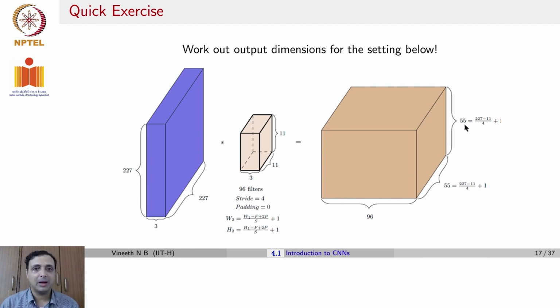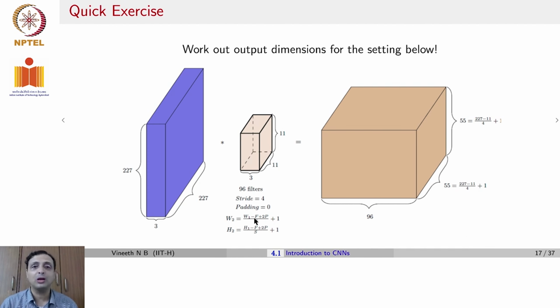One important thing to keep in mind here is when you embed these kinds of operations in a neural network, unlike a feed-forward neural network where you would specify how many neurons you want in a first hidden layer, here the size of that next layer is automatically decided by the size of the filter and these choices that you make.